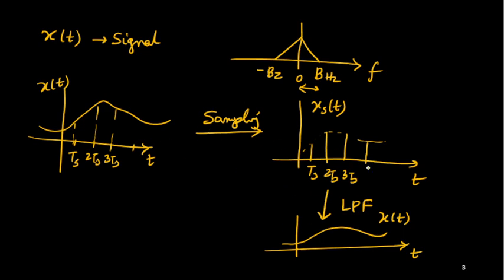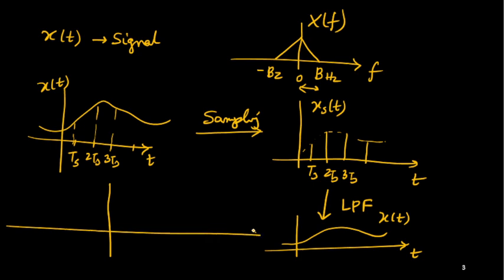Whenever we take sampling, this is the spectrum for x(t), which I will call capital X(f). Now what is the spectrum for capital Xs(f)? That you need to understand. This is the f axis, and there I will plot capital Xs(f), the spectrum of the sampled version.